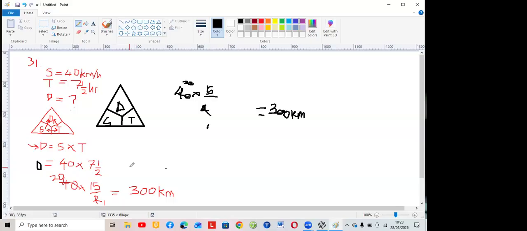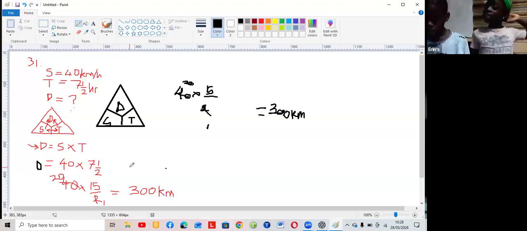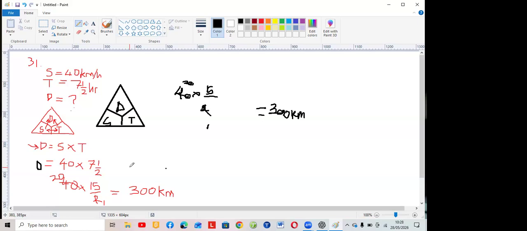Now imagine this thing had 10 lines. Are you telling me that you will write D for all the 10 steps? You don't want to shoot yourself in the leg. So what are you supposed to do?